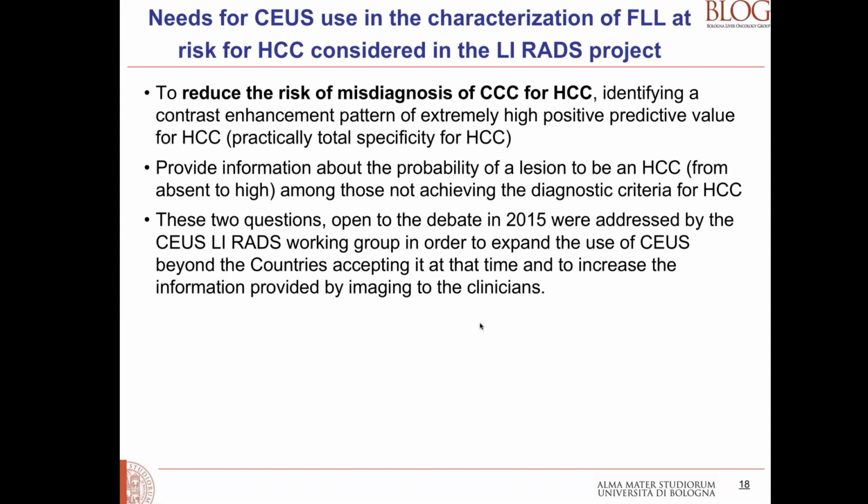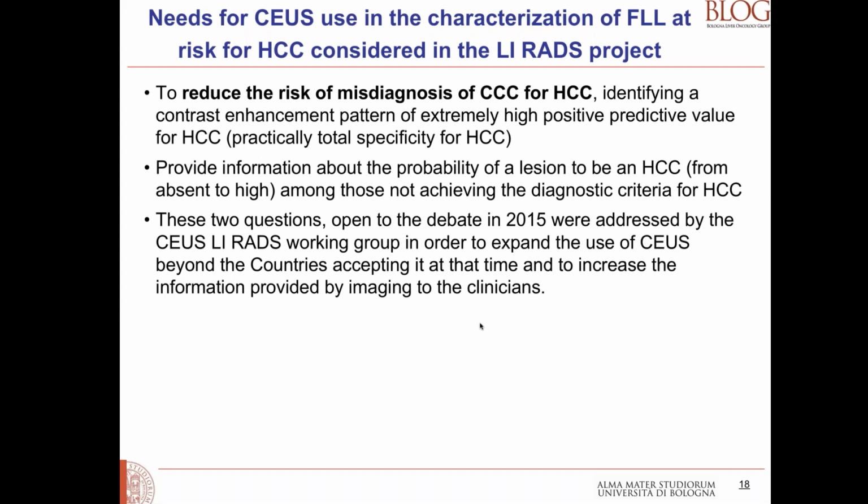So we knew that according to the criteria adopted before, the EFSUMB guidelines, which first identified a different pattern, and then the LI-RADS criteria, if we don't apply more specific criteria, about 1% of the lesions might be misdiagnosed as HCC while they are cholangiocellular carcinoma.